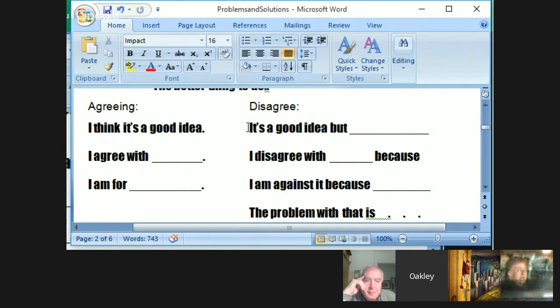Disagreement. Okay. Here we go. Now this kind of polite form here, you're conceding a point. It's a good idea, but cats are lovely, friendly animals, but I prefer dogs. I think we should get a dog. Okay. You're conceding a point.